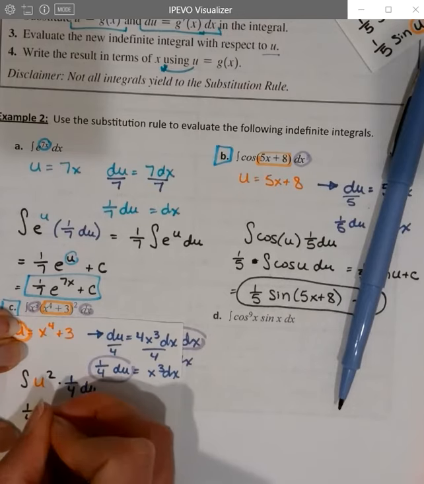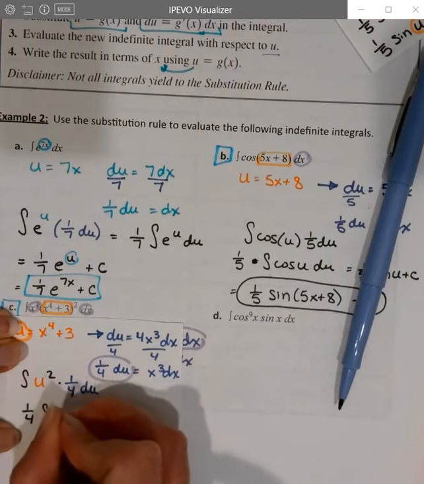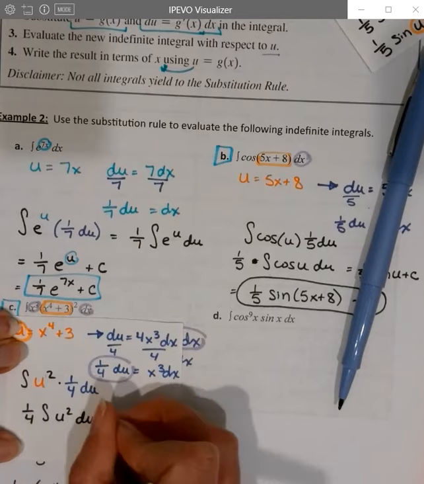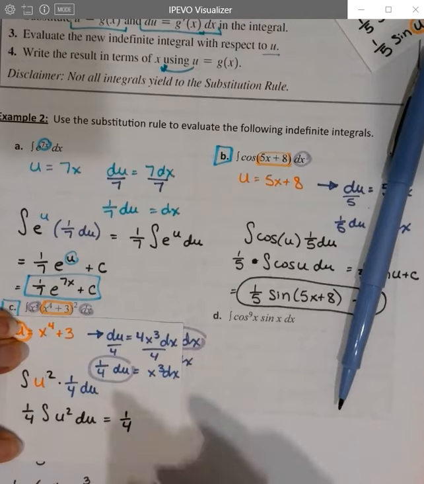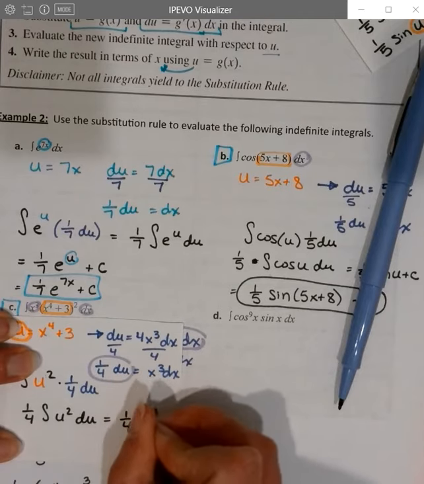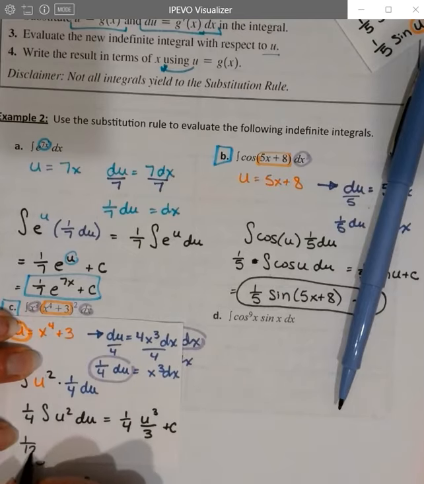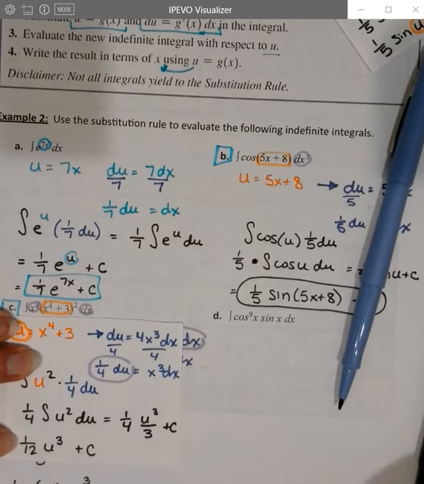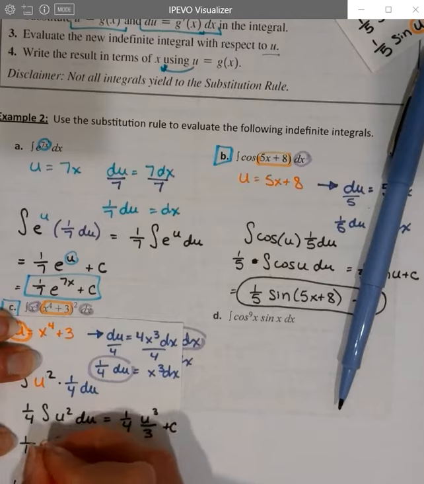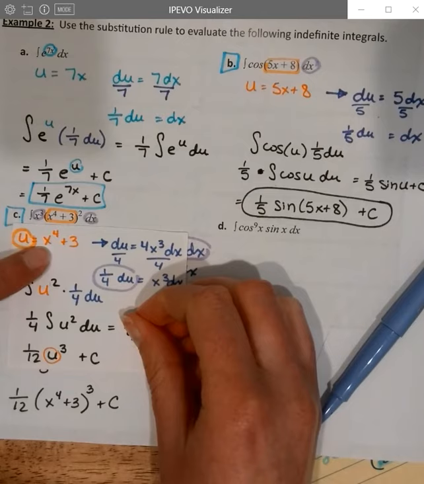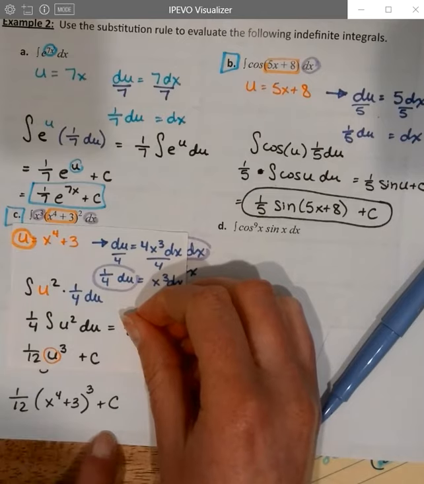And then we have 1/4 integral of u squared du, which integrates to u cubed over 3 plus C. And so that's 1/12 u cubed plus C. And then we're going to replace that u again with the x to the 4th plus 3 and get 1/12 x to the 4th plus 3 cubed plus C.